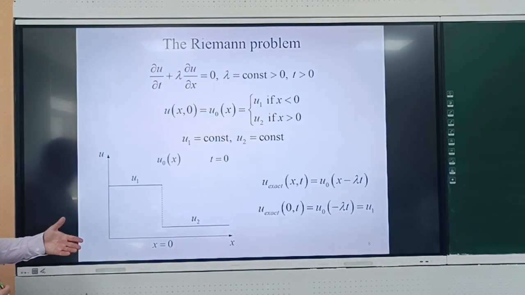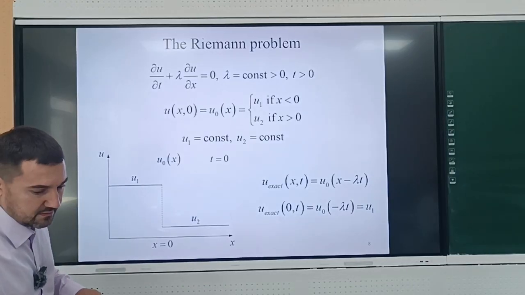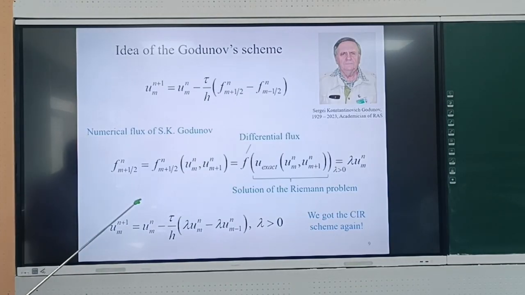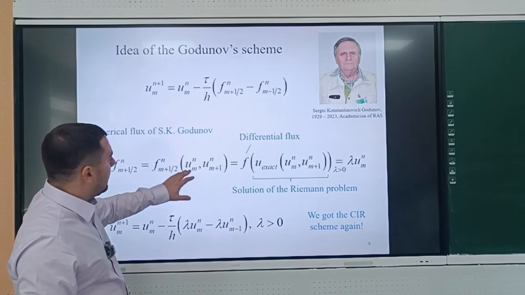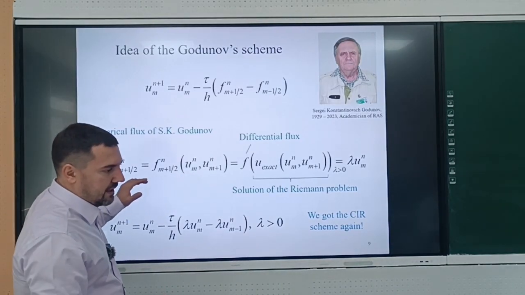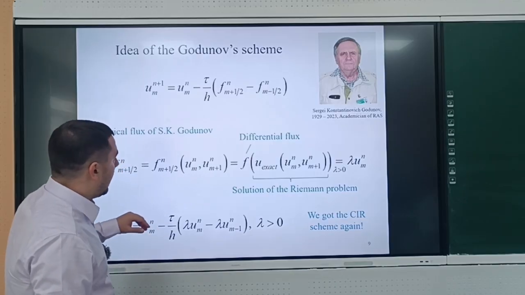And then the idea is as follows. When we compute the numerical flux, let's assume that the numerical flux depends only on parameters to the left and to the right.